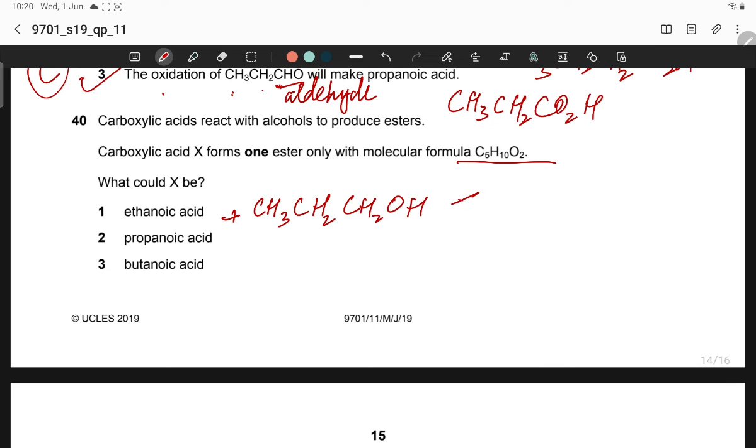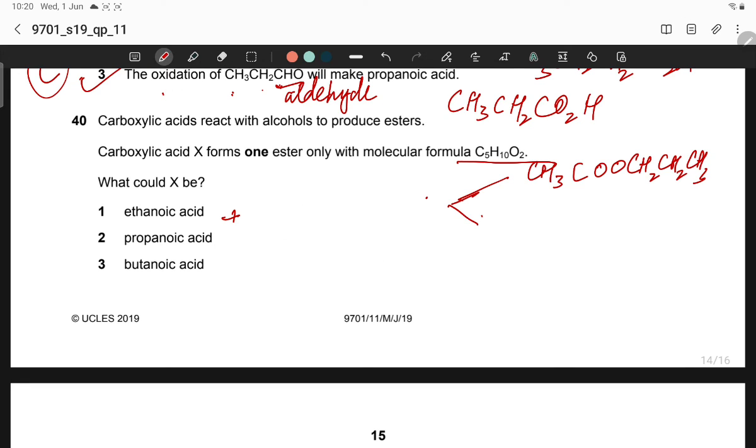This will give two compounds, one with this CH3COOCH2CH2CH3. So this is a primary alcohol. This could be a secondary alcohol as well. So there are two types of compound.